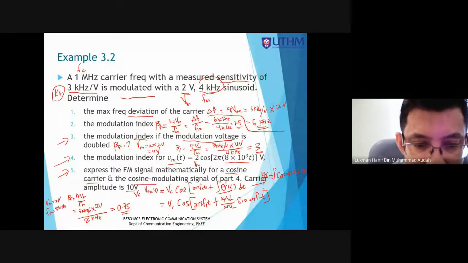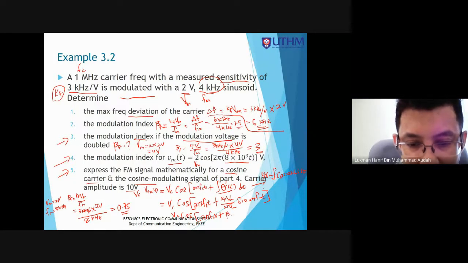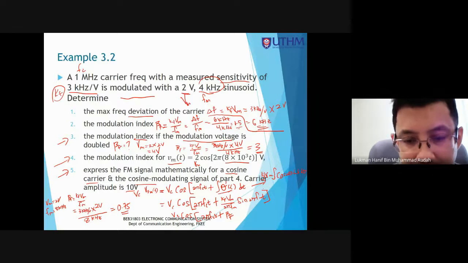Okay, so this is actually equal to Vc cos 2 pi Fct plus beta F sine 2 pi Fmt.